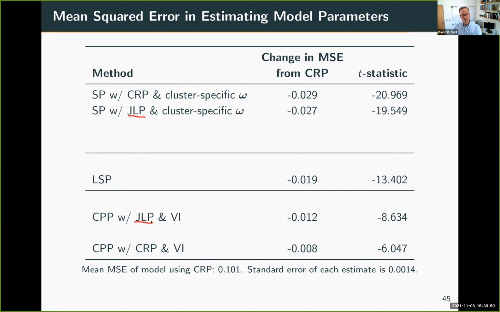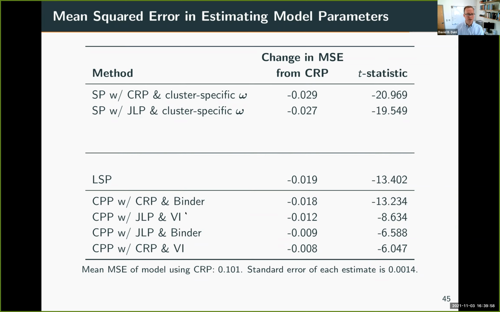But notice that we're using the VI distance for the CPP, and we could also, however, use Binder, which is what they recommend in their paper, and Binder actually leads to an improvement. In fact, if we use Binder loss with the CRP as the baseline distribution, the CPP performs about as well as the LSP.